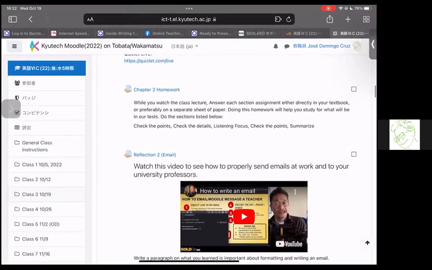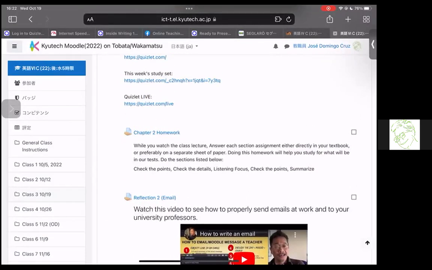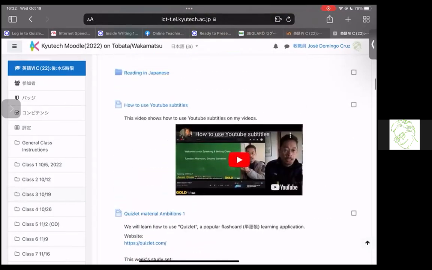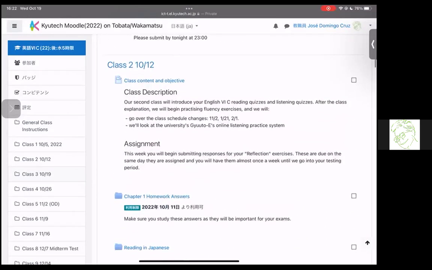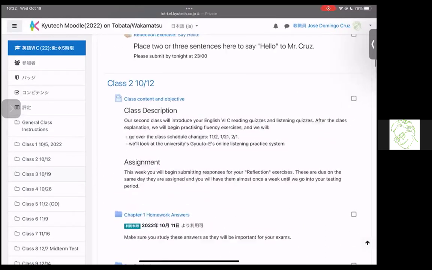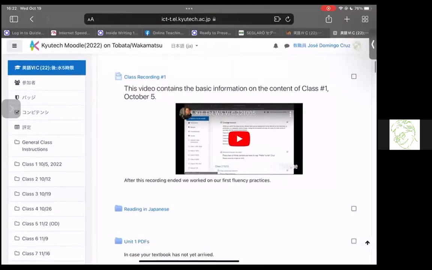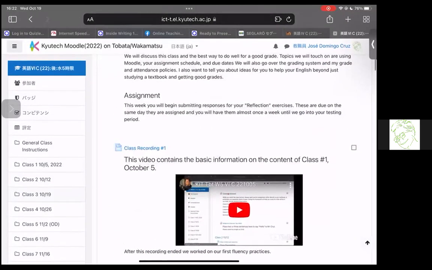Now, last week, I also did one of these English explanations for you, as you remember, but unfortunately, it looks like I haven't yet put it on the actual Moodle. I'm very sorry about that. I just noticed that it's not there. What I try to do, like in the first class, is put my English explanation on the Moodle for you to use as a guide to what to do in Moodle.